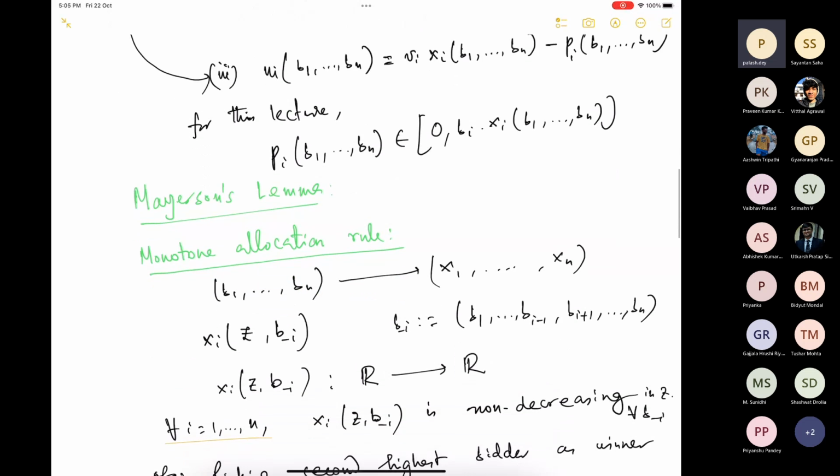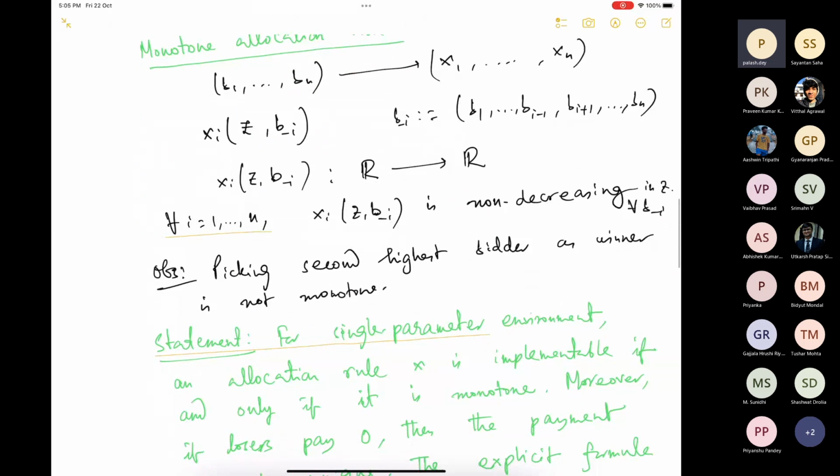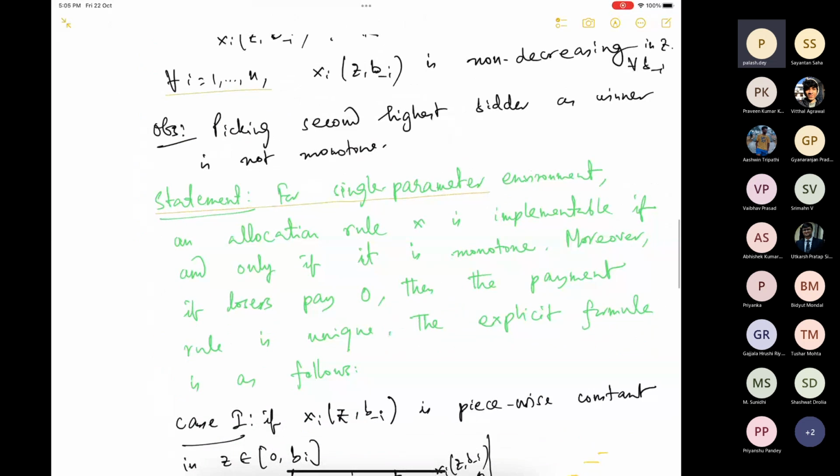Then we saw Myerson's lemma. It is a strong result which says that for a single parameter environment, an allocation rule x is implementable, that means it is possible to come up with a payment rule so that the allocation rule plus the payment rule, the whole thing, will be dominant strategy incentive compatible, if and only if the allocation rule is monotone.